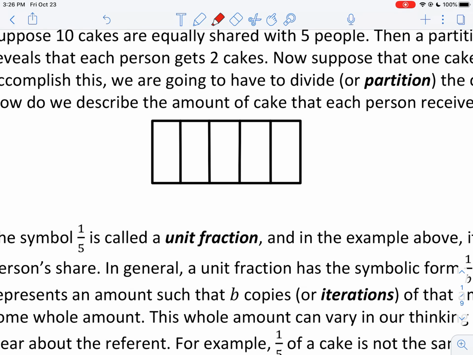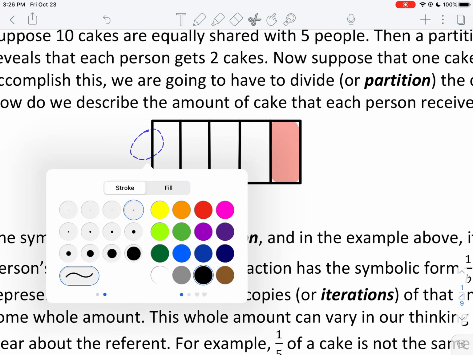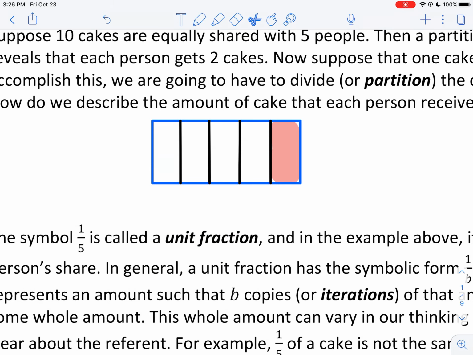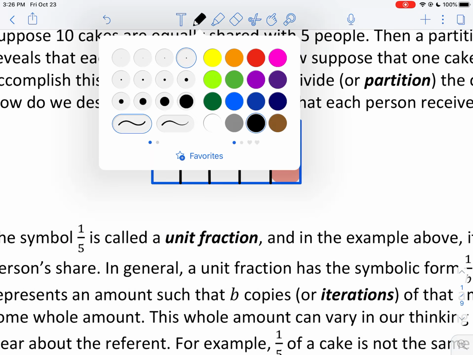And the amount of cake that one person receives is just one of these portions. All right, so just to be clear, let me color the outside square a different color. Let's make that blue, and the blue represents one whole cake.